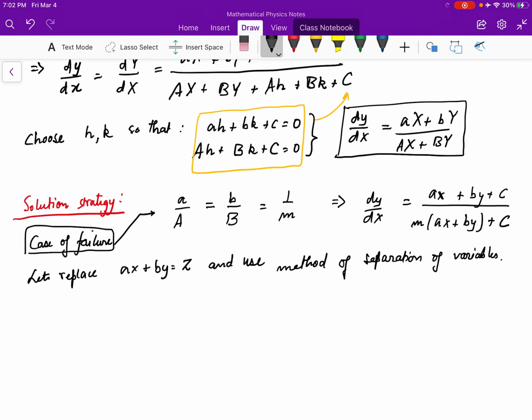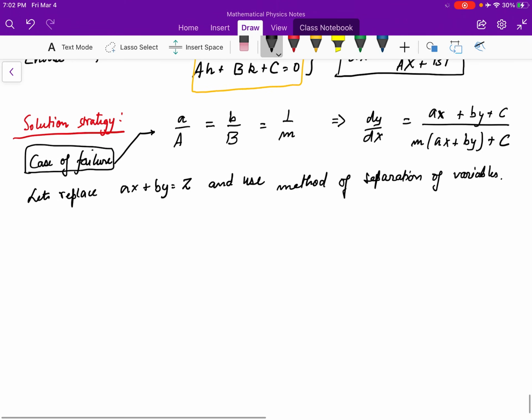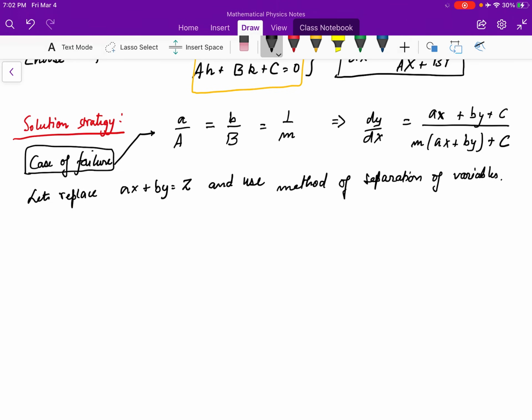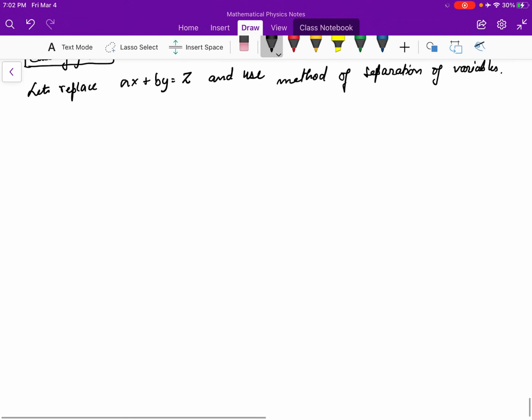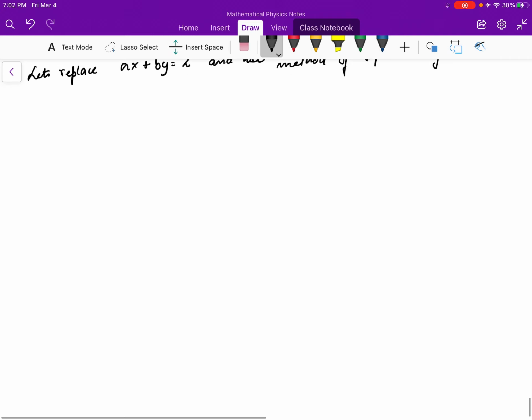The case of failure defines a situation where probably we won't be able to get past certain things, right? But this is a case of failure where you have small a upon capital A is equal to small b upon capital B, and that is a constant, that's a number, and then we replace it back into the form, and then we apply the separation of variables. So this is a special case, but we will see how to use one of the strategies for this problem and commence this lecture.